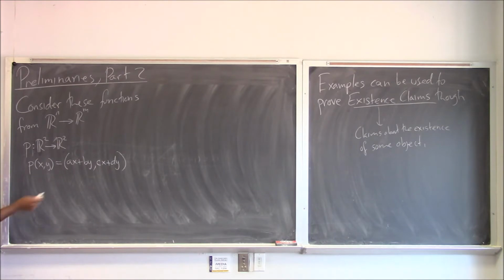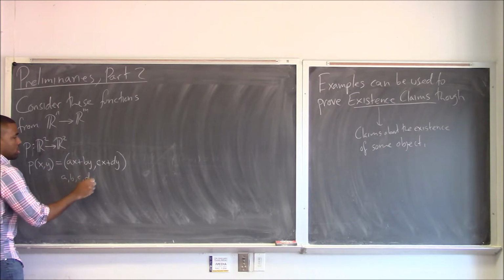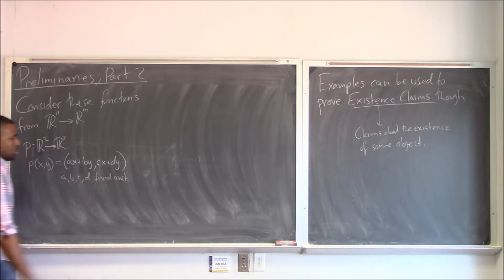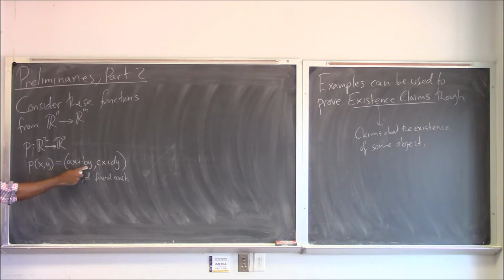So where a, b, c, d are fixed constants. So if you plug in the point (1, 2), it's going to output a + 2b and c + 2d, and that's the vector it's going to output. So that's my first function.